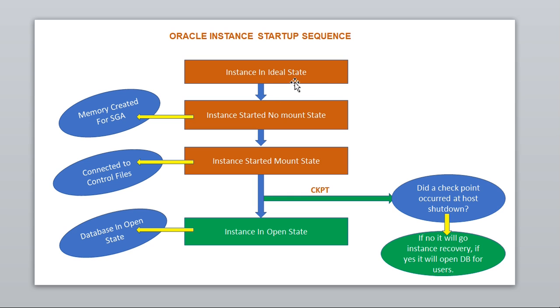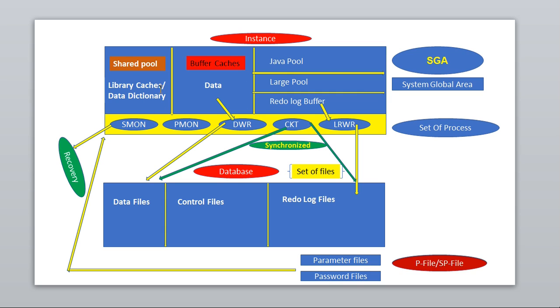In the initial phase the Oracle instance is in idle state, then it comes to the nomount state. Nomount is nothing but memory created, the SGA, the System Global Area. I covered SGA in the previous session. So when the instance is in nomount state, your SGA is created, right?